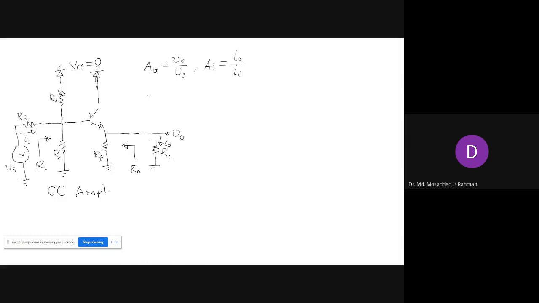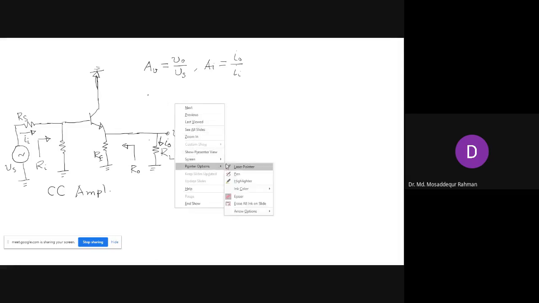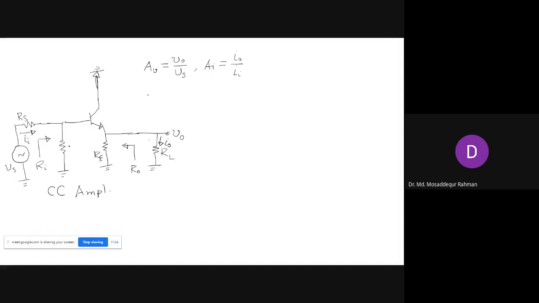So we remove R1, also delete this one, and that R1 we combine with R2.